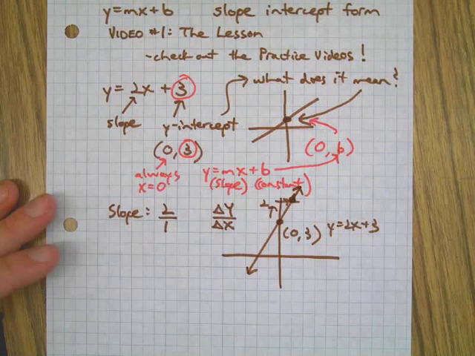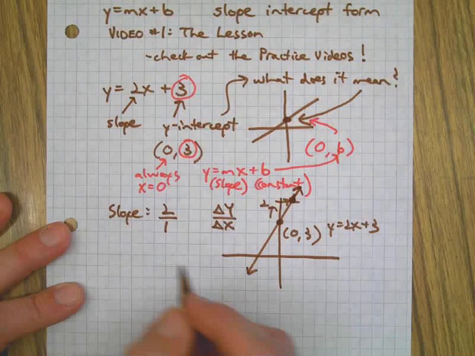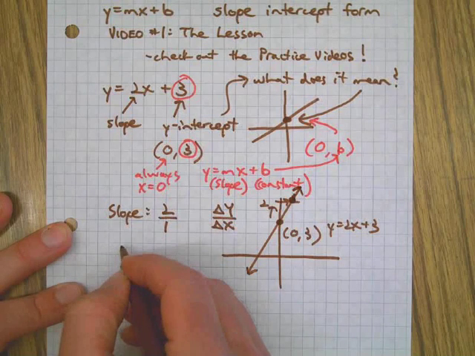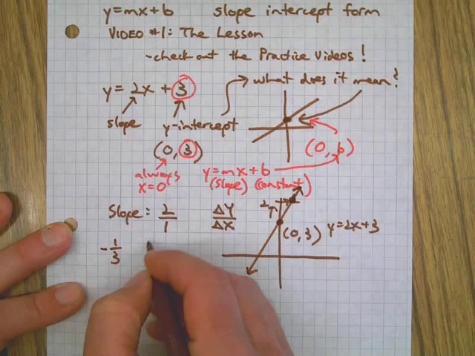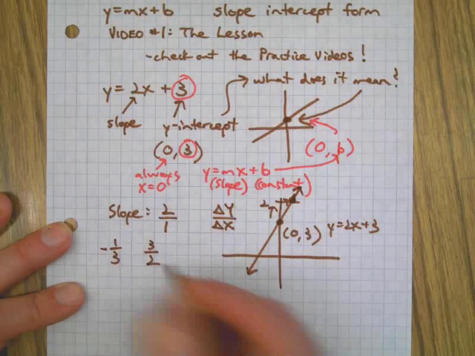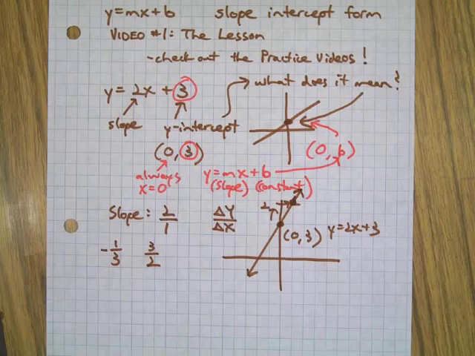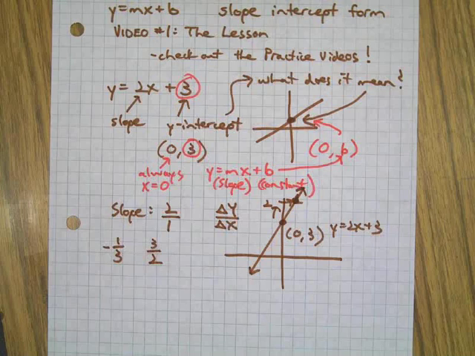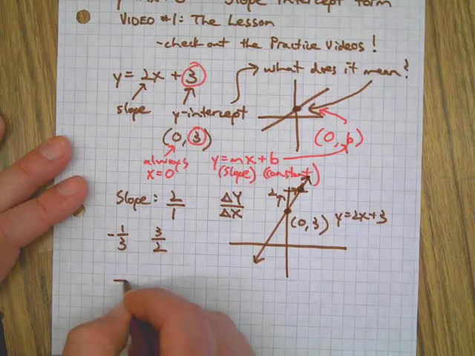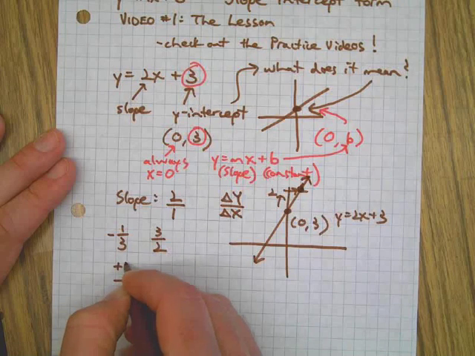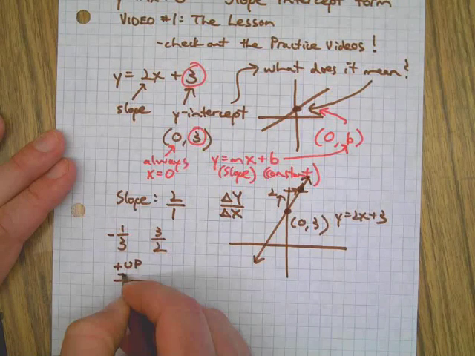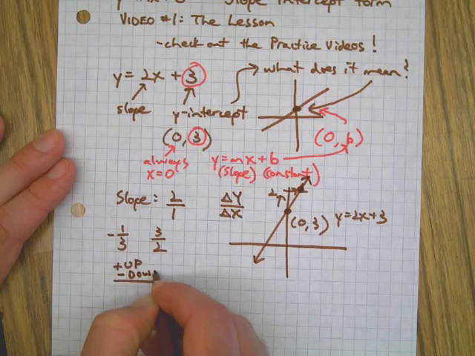Okay, something important to know about slope. Many times it's given to you as a fraction. For example, -1/3 or 3/2. And there's a general way you could look at these fractions, and that is, on top, if it's a positive number, you're going up. If it's a negative number, you're going down.